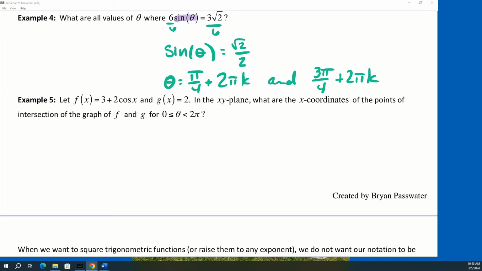All right, so let's see. We are given two functions, and we want to find where they are equal to each other. So let's just set them equal to each other. All right, so this one's going to have a couple more algebraic steps at the beginning, where we have to isolate cosine of x. So we would subtract the 3 and divide by 2.